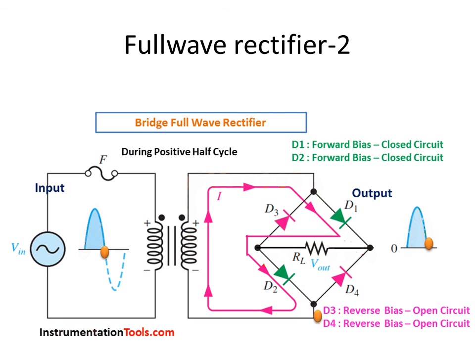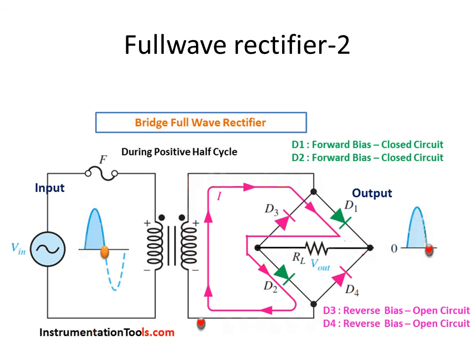In the case of a bridge rectifier, the efficiency and ripple factor will be the same as that of the center tap rectifier, so we don't do the derivation again here. But you can compare. I suggest you read the textbook and compare the features of center tap and bridge rectifiers.